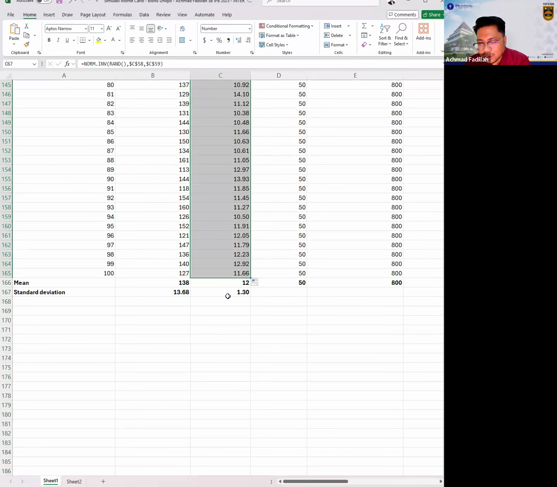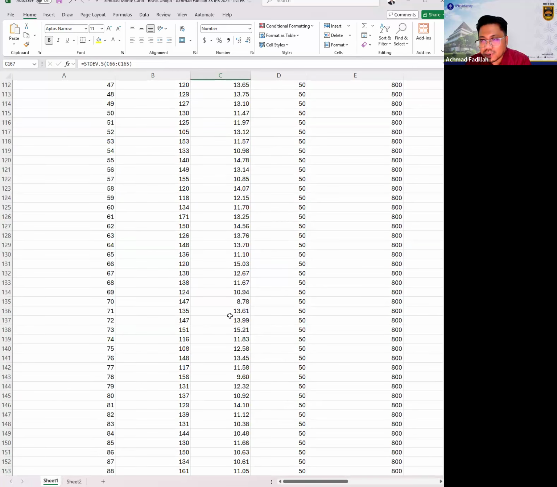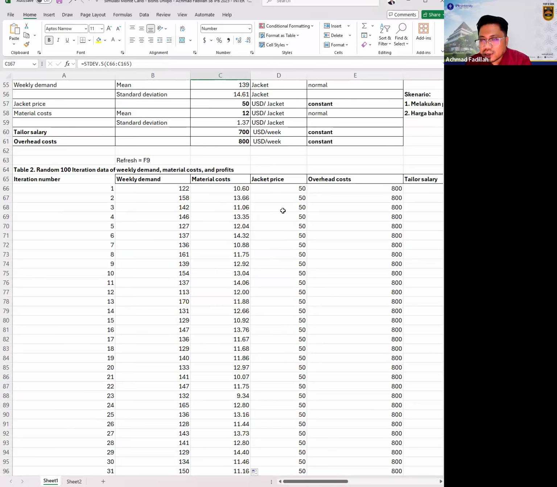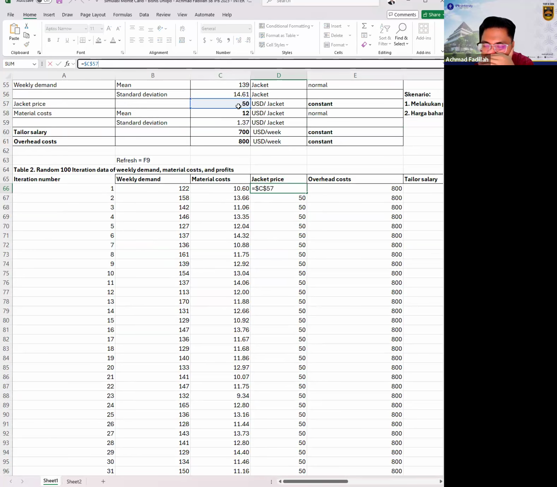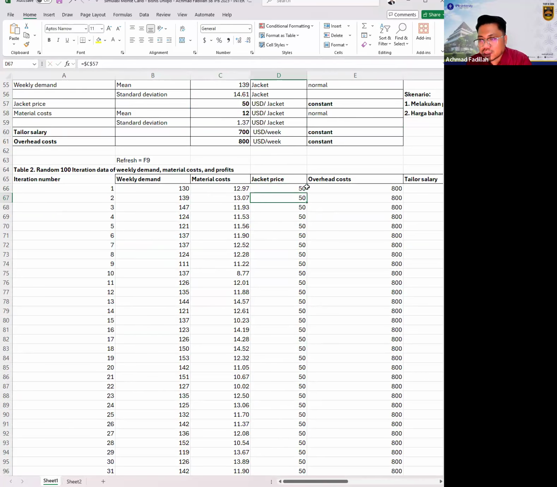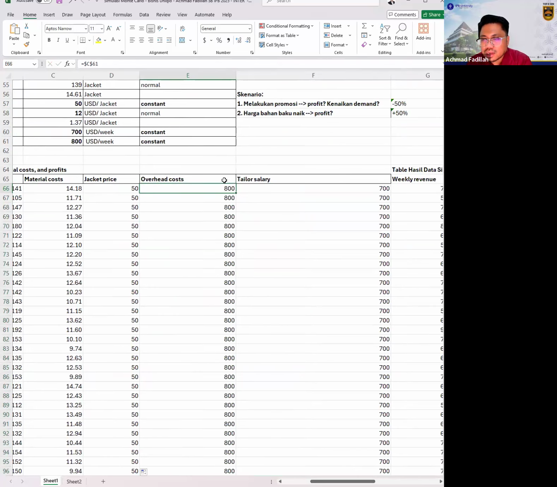And then you can see here also different numbers. But for the jacket price, you can see here it is constant, overhead is constant, and the Taylor salary is also constant. You just put in these cells, without any other formula, just log this data, and then make all the same things up to 100, and then also for overhead at 100 USD here, and for Taylor.